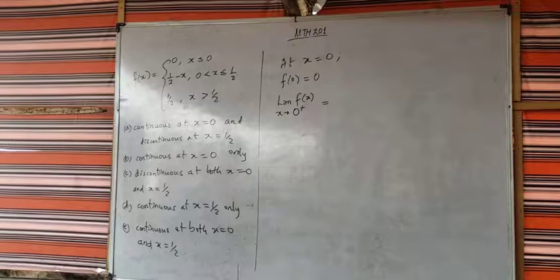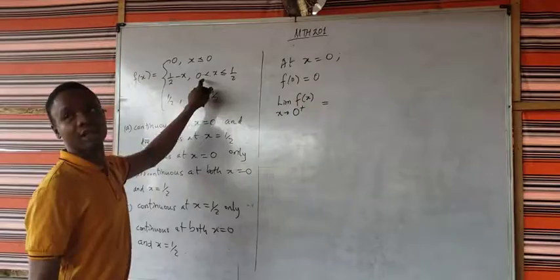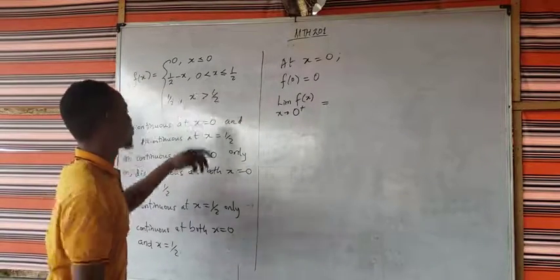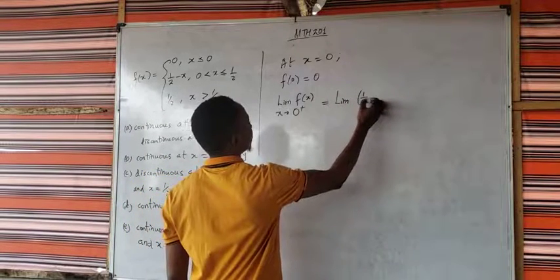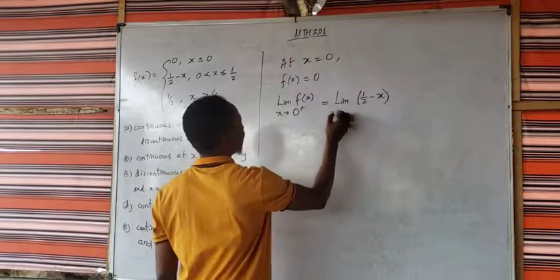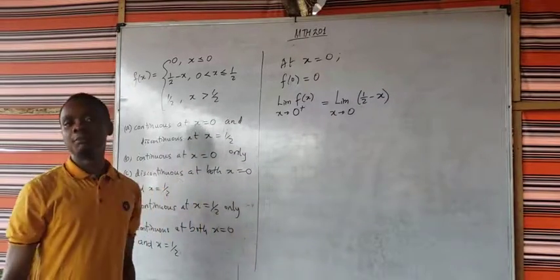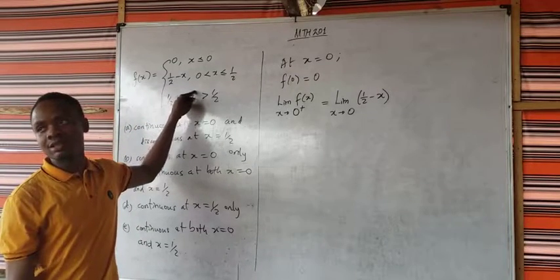So we cannot take that from 1 over 2. It has to be here, altogether. That definition for x lying between 0 and 1 over 2 is what applies. So this is going to be the limit of 1 over 2 minus x as x approaches 0. Now we don't put the plus any longer because we have used the plus to determine the definition we are using.